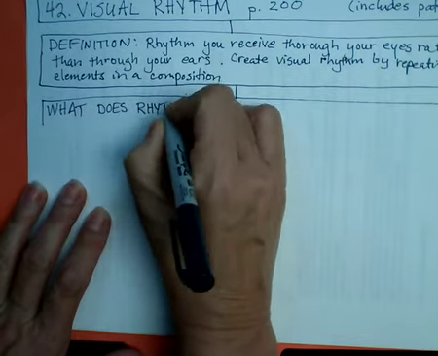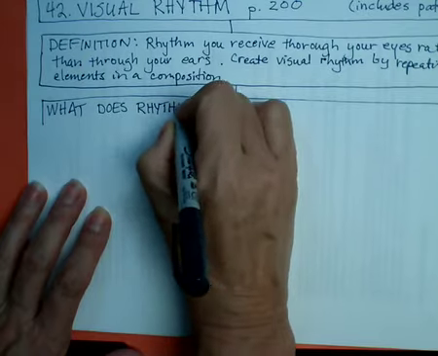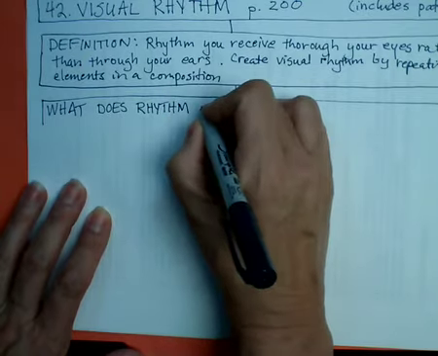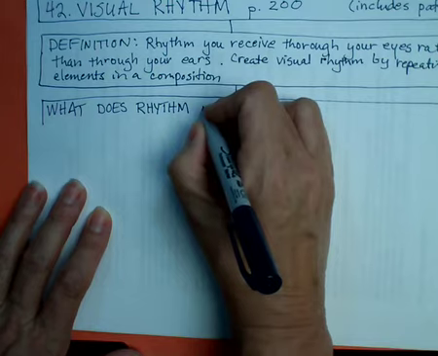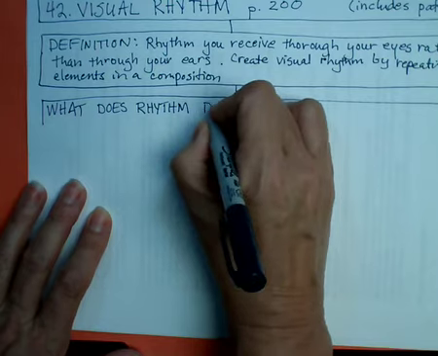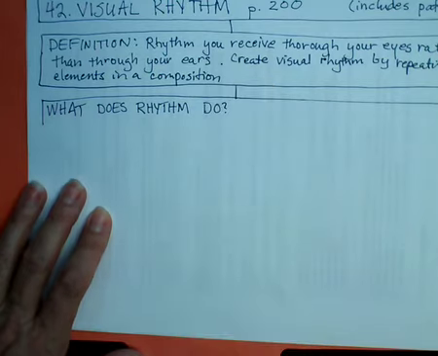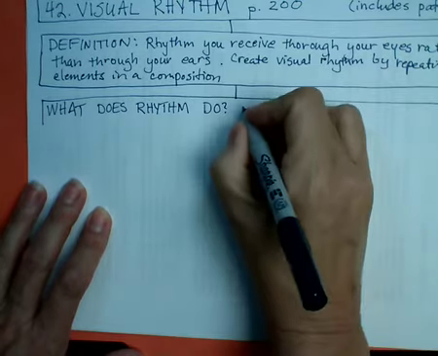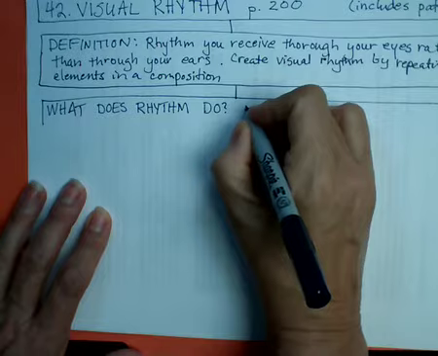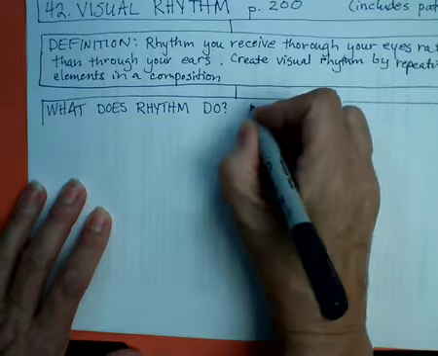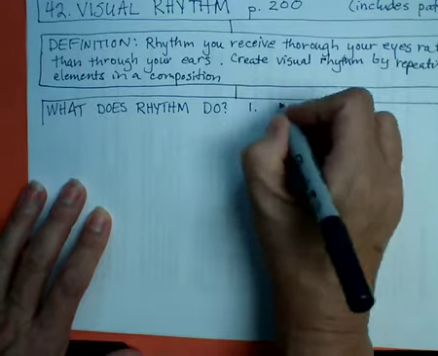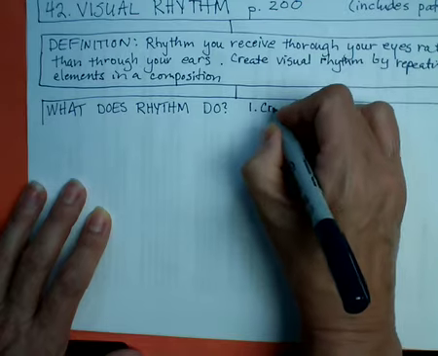What's the point? How does it aid communication? Okay. And there's two things in particular, and these kind of overlap what we've done. One, it creates unity.